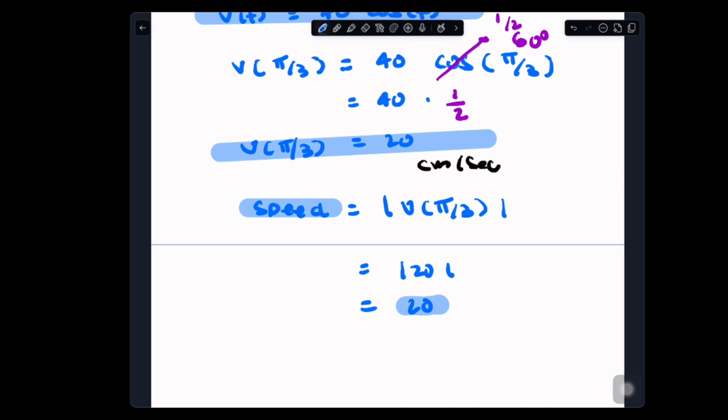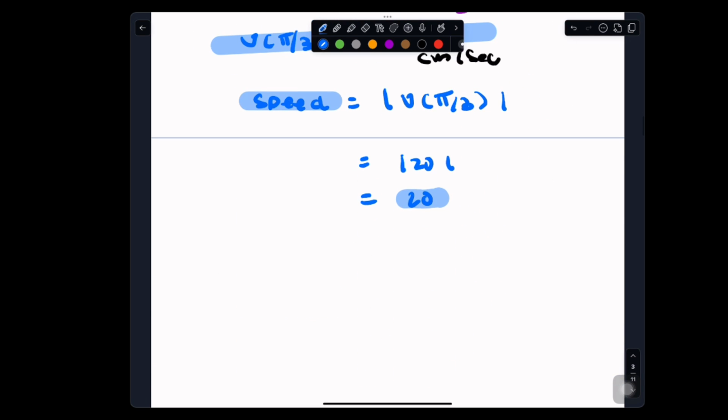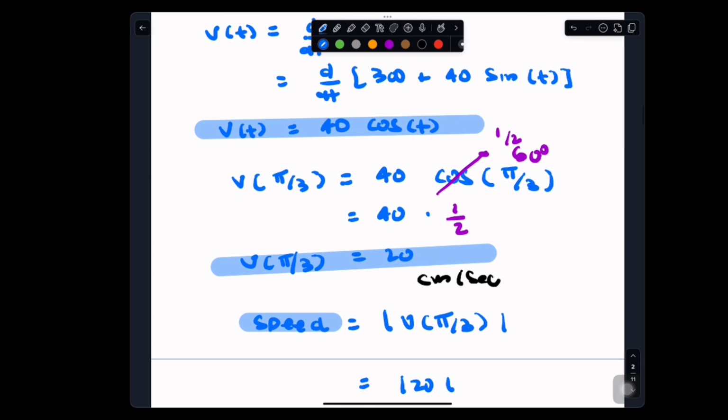All right, what's the acceleration now? Well, a of t is the derivative of the what? Velocity. What's the derivative of my velocity? Is that 40 cosine t? Is it negative?